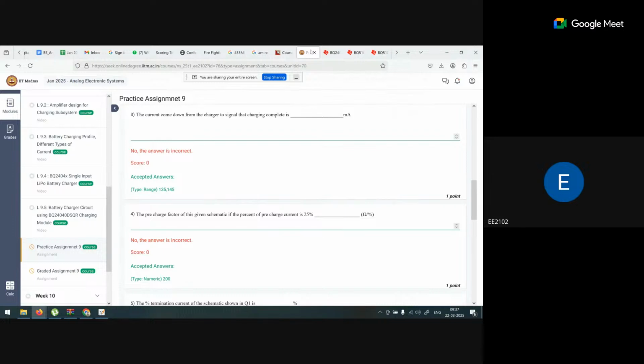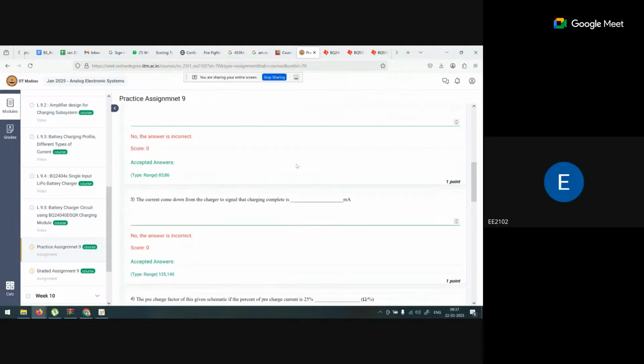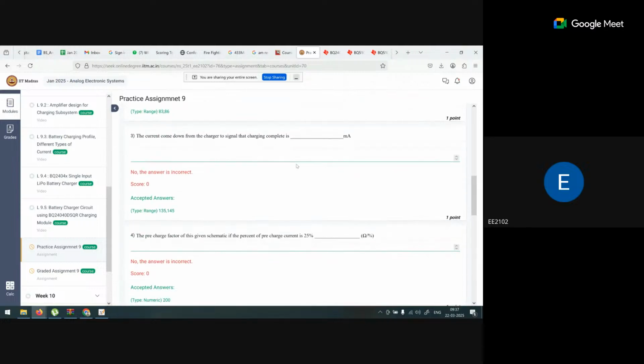The recharge factor is given as static. The percentage of recharge current is 20. What is the recharge current?